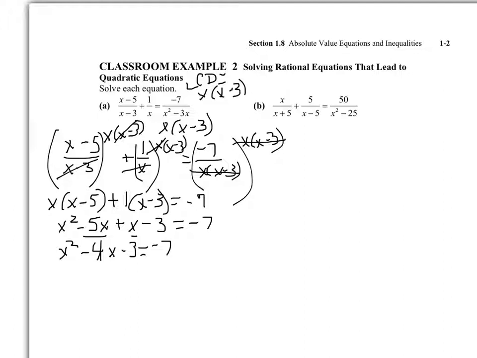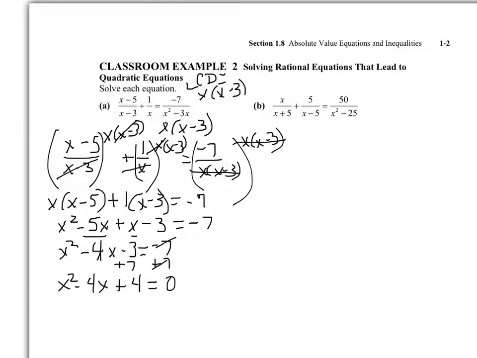And remember, because it's quadratic, I need to get everything on one side, set it equal to 0, and solve. So let's add 7. That will give me x squared minus 4x plus 4, because negative 3 plus 7 is a positive 4, equals 0. Time to factor.